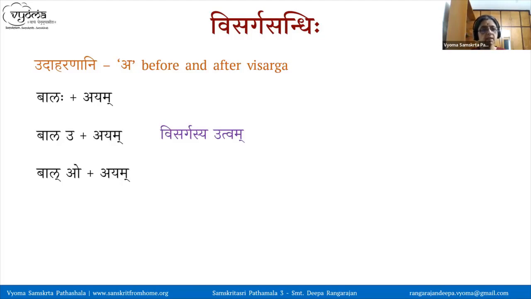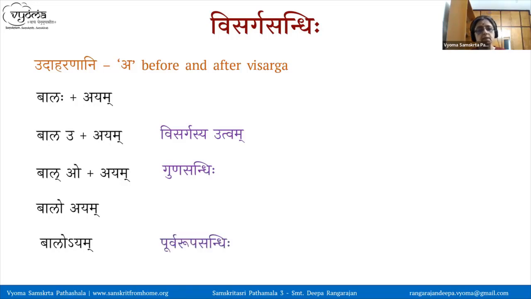The two together gives okara by gunasandhi. Balo ayam, baloyam. That is, we do not pronounce the akara. Instead of o and a together, the okara comes as the adesha. So purva rupa happens, and baloyam is the final form. This is when akara is before and after the visarga.